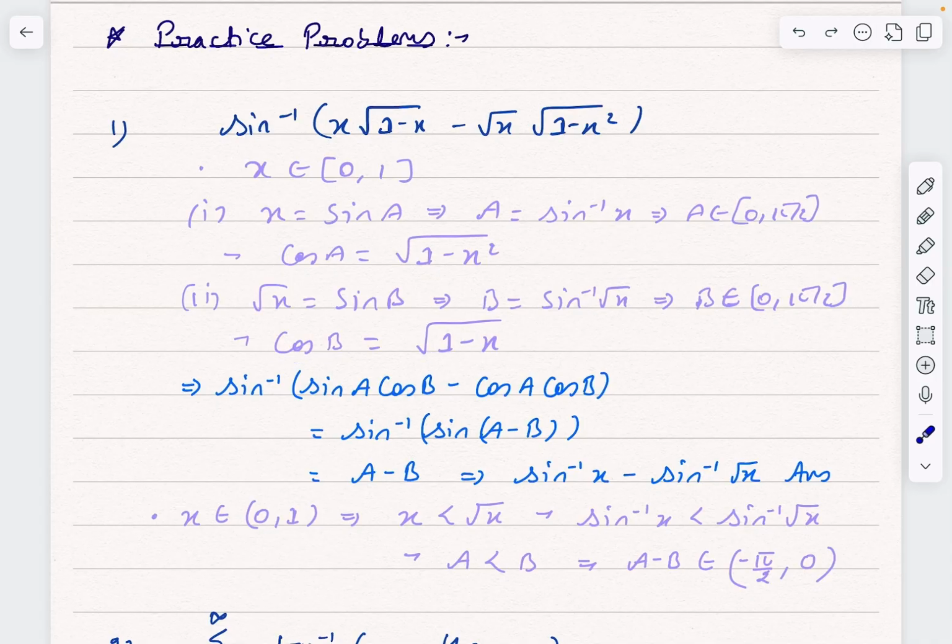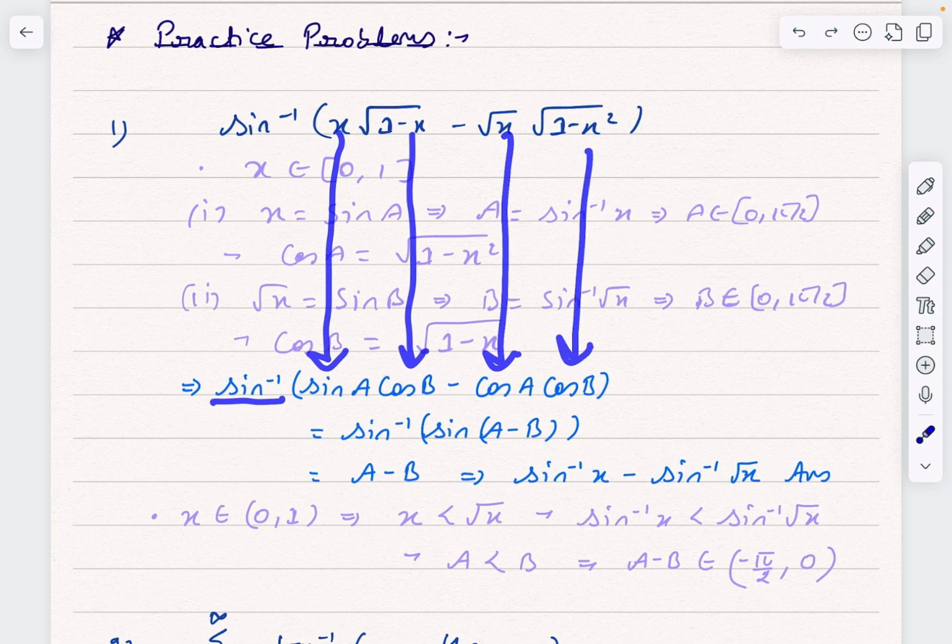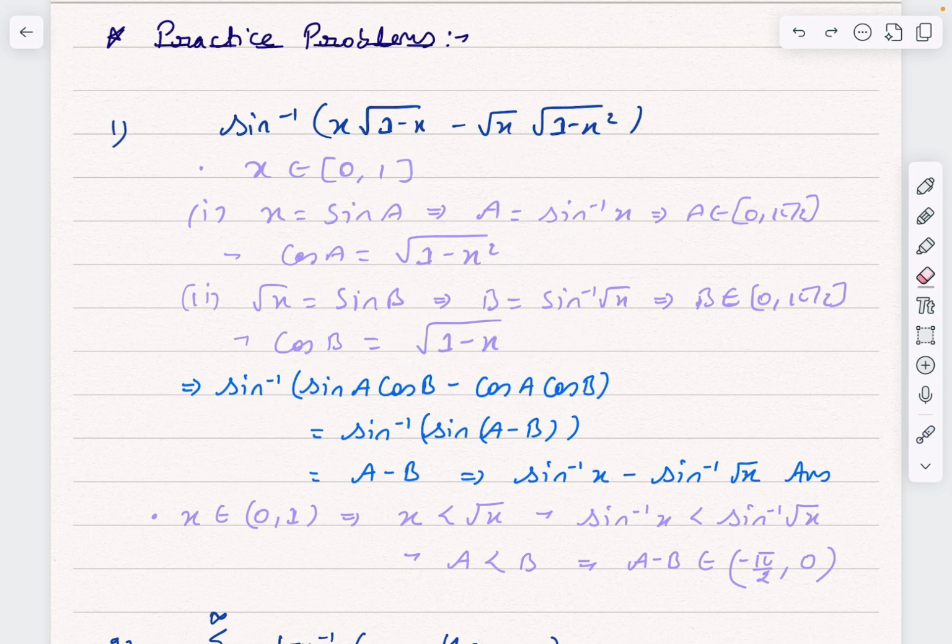Now the given problem will become sine inverse of, I write this x as sine A and this as cos B. Something is not correct here.